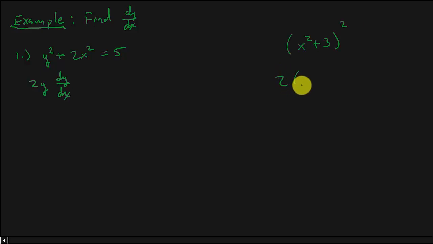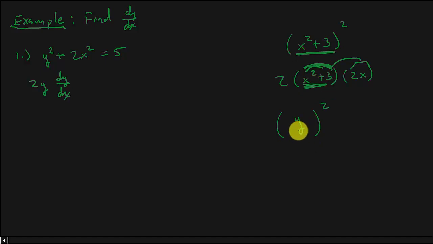You would bring the 2 down, keep x squared plus 3, subtract 1 from the exponent so it's raised to the first power, but then you would multiply by the derivative of what's in the parentheses, which is 2x. So instead of having x in the parentheses, what if we had y?